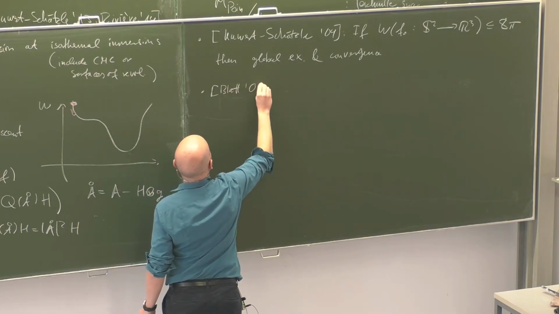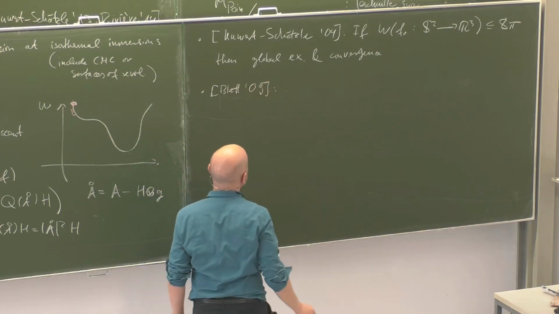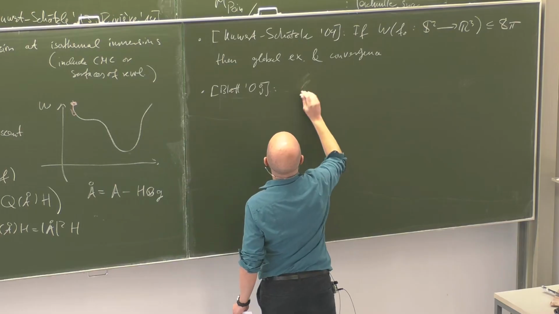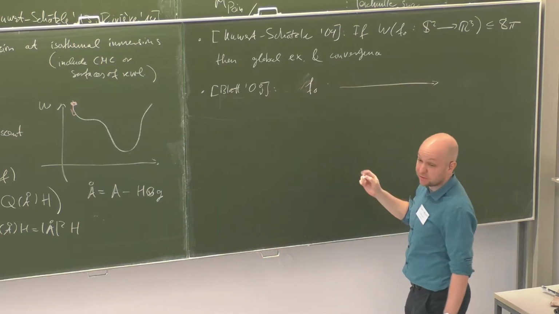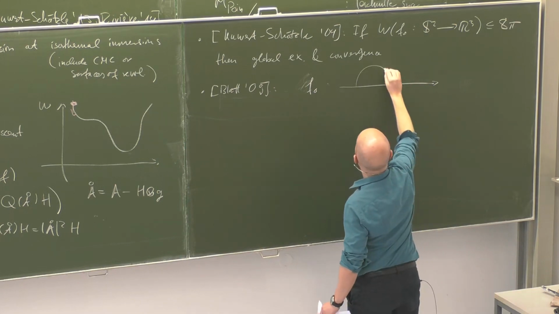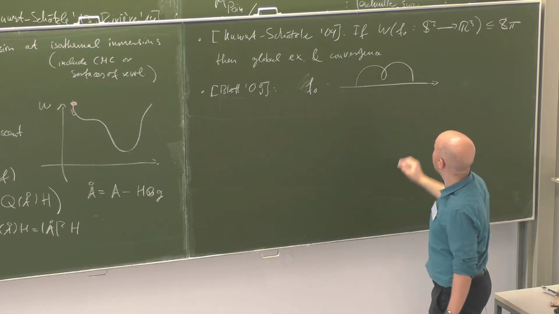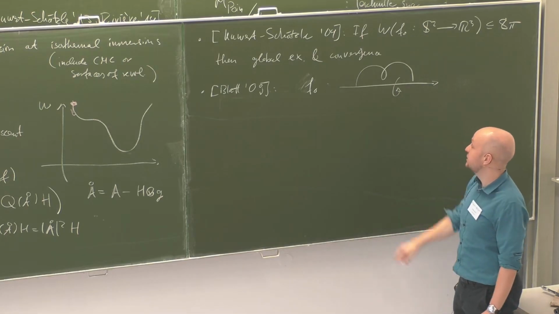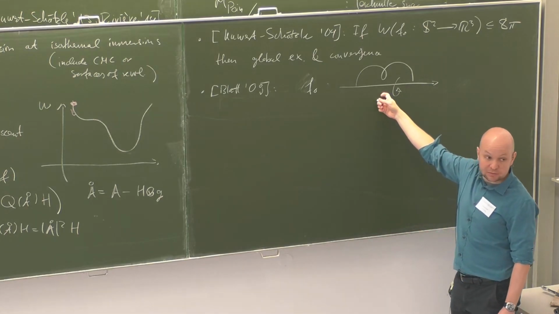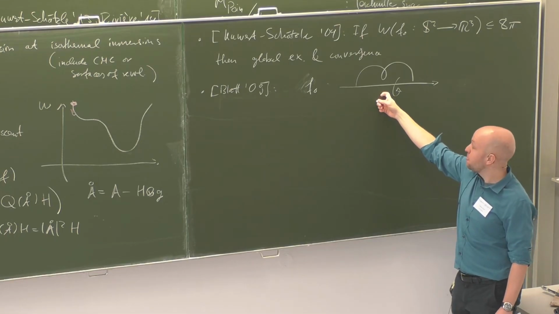There was this example studied 5 years later by Simon Blatt. We have the following initial datum, a surface of revolution, where the profile curve is like so, revolving around the x-axis. This is an immersion of a topological sphere.